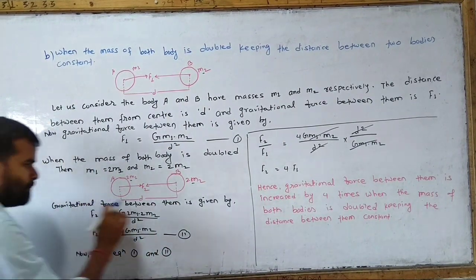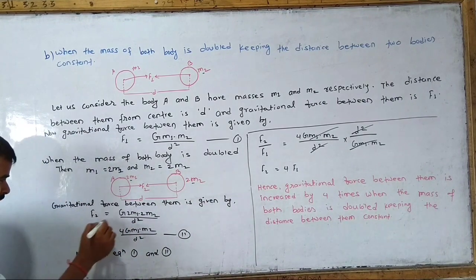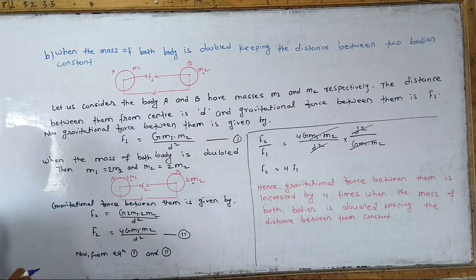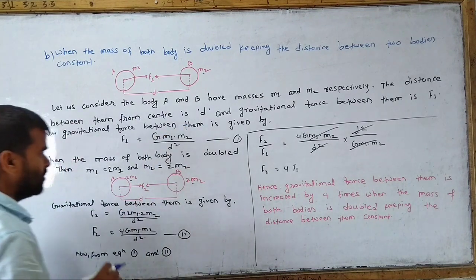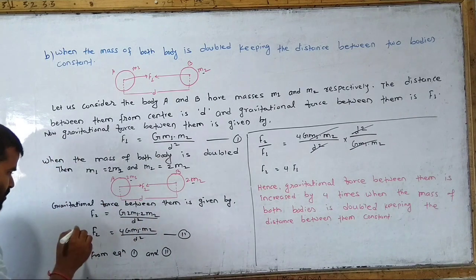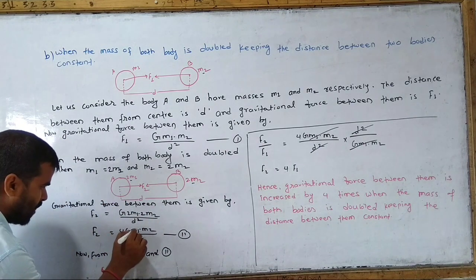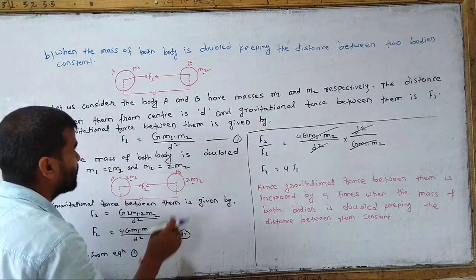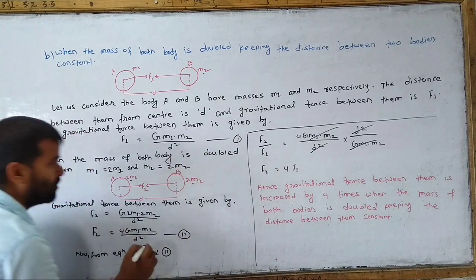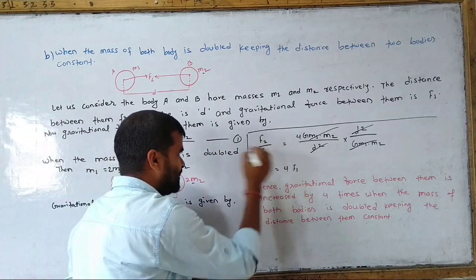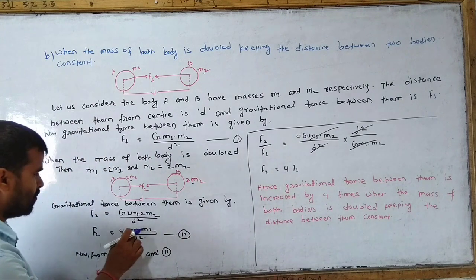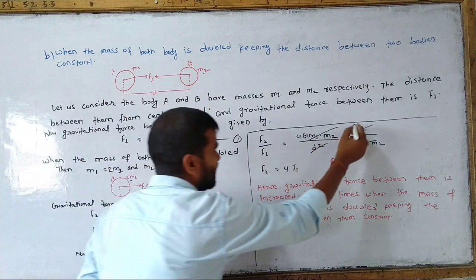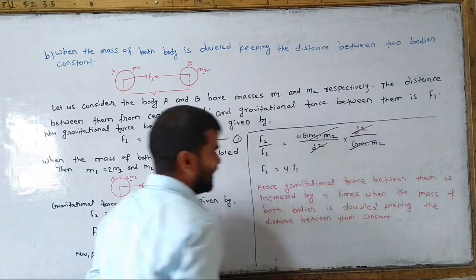Now the gravitational force between them is given by F2 equals G 2m1 into 2m2. Instead of m1 we write 2m1, and instead of m2 we write 2m2. So F2 equals 4G m1 into m2 by d square. This is equation 2. From equation 1 and equation 2, F2 by F1 equals 4G m1 into m2 by d square, times d square by G m1 into m2.